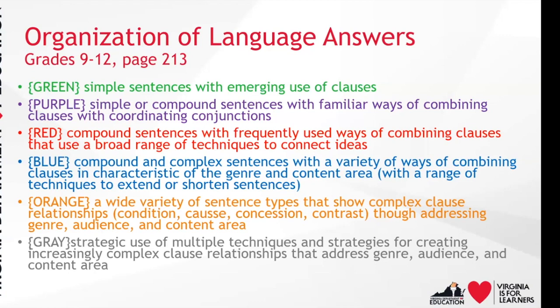So this is what I could expect from a student with supports in place to output in a writing activity, so to speak. So it's a level 2. I would expect some simple or compound sentences with familiar ways of combining with coordinating conjunctions. So that might be because or and, some of those more familiar language pieces.